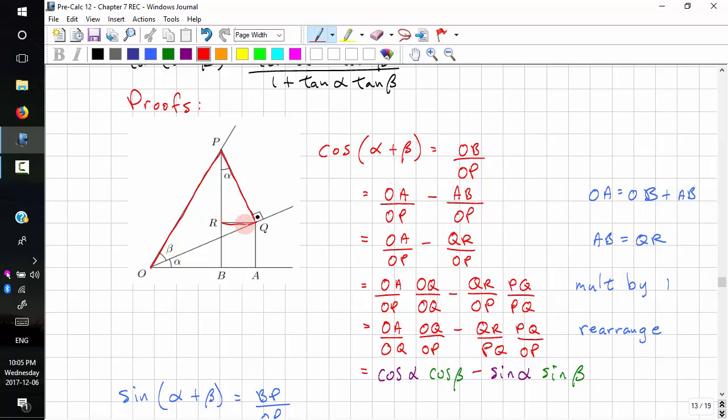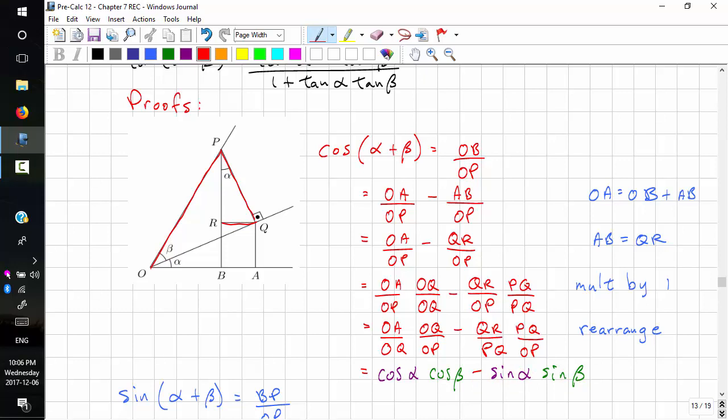If we look at QR over PQ, we see that this is the sine ratio for alpha, because this is the opposite over the hypotenuse. If we look at the beta triangle, we see that this is opposite over hypotenuse, so that's a sine relationship as well. So we have minus sine alpha, sine beta.